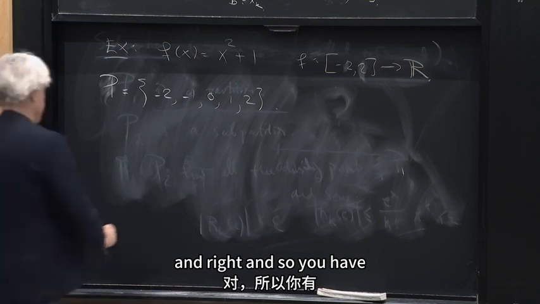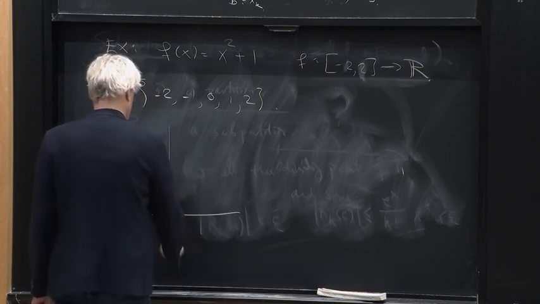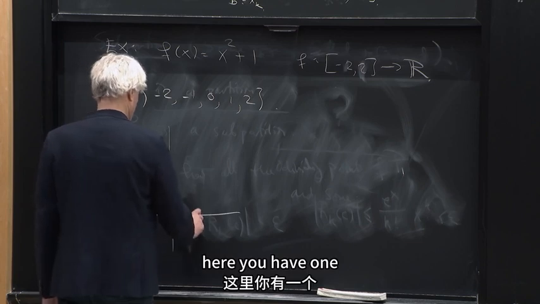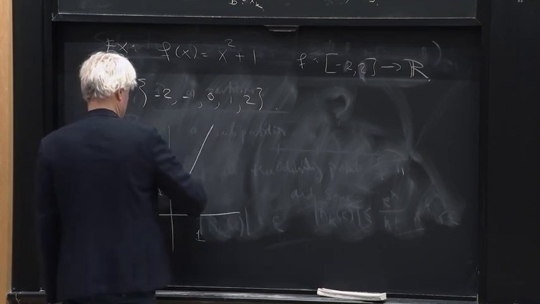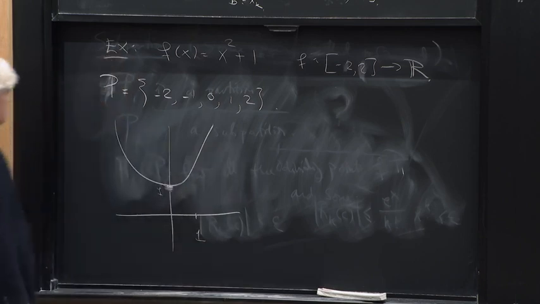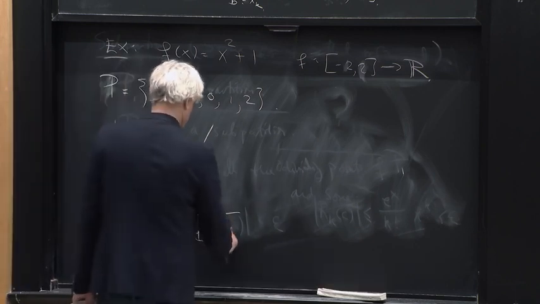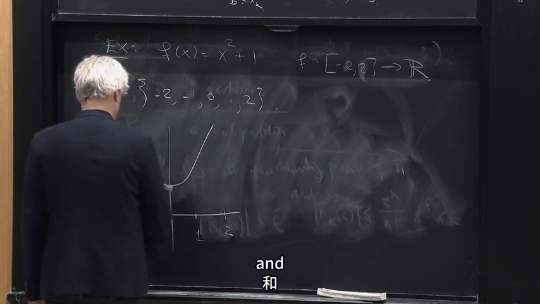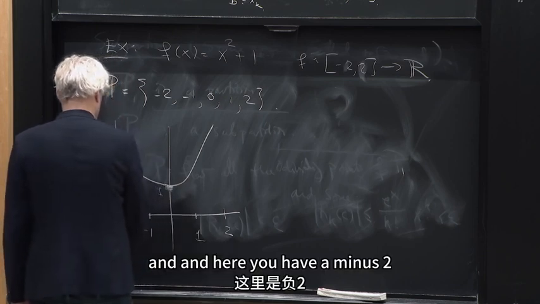Right, so if I draw the function, it looks more or less like this, where this here is 1, this here is 2, this here is -1, and here you have -2.